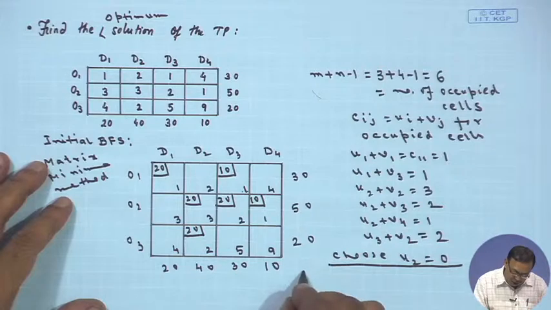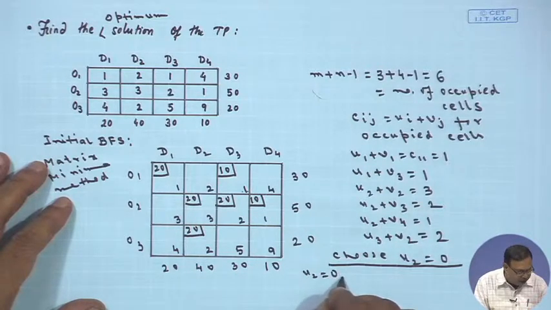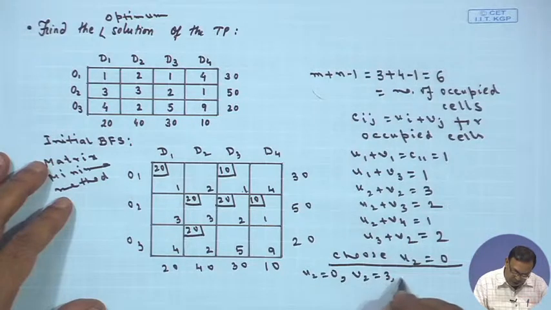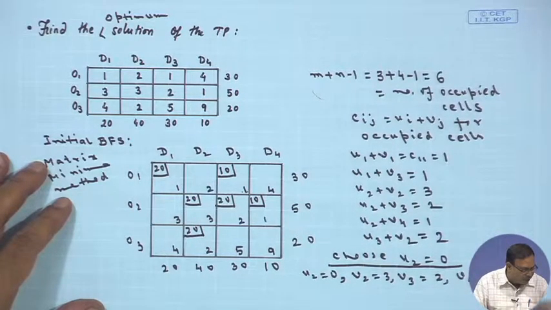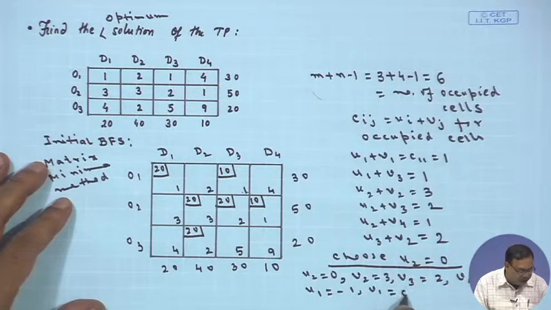So, once you are getting them, you will obtain U2 equals 0, V2 equals 3, V3 equals 2, V4 equals 1, U1 equals minus 1, V1 equals 0 and U3 equals minus 1.